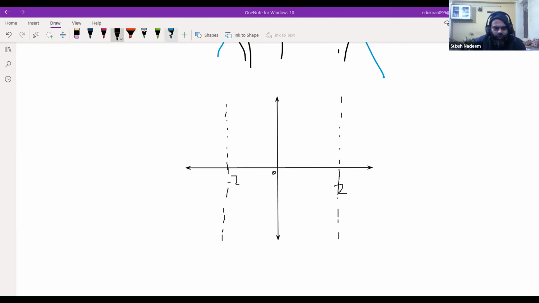Yeah, perfect. Anyway, now I'm drawing it in a better manner, with a different color. So this goes like this, goes like this, something like this. Let me draw it in a better way so that it will be easy for you.